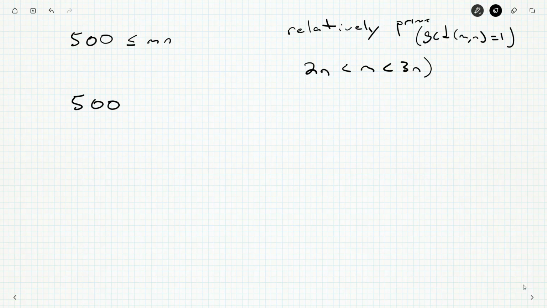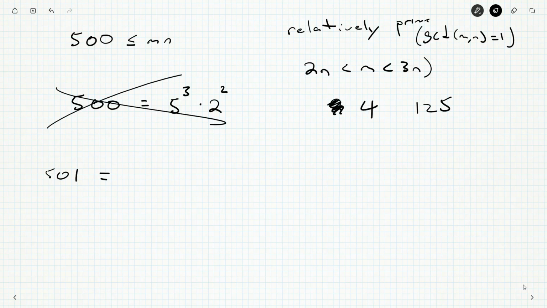So 500. Can I find 2 relatively prime things? Well, 500 is 5 to the power of 3 times 2 to the power 2. So I'd have to split them up into 4 and 125. And 2 times 3 times 4 is 12, and 12 is not bigger than 125, so that's right out.